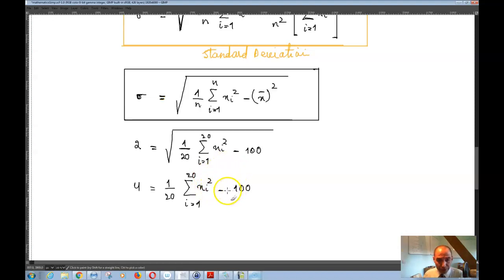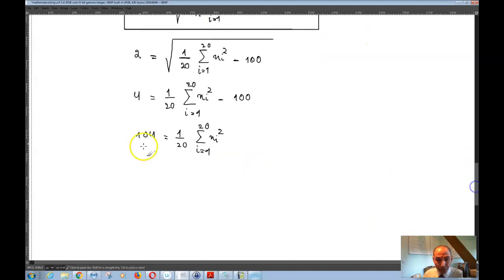If I take this 100 to the other side, this becomes positive 100. 100 plus 4 is equal to 104, which is equal to 1 divided by 20 sigma of x of i squared as i goes from 1 to 20. And then if I multiply both sides by 20, I will get 2 times 104 is 208, and a 0, is equal to sigma of x of i squared as i goes from 1 to 20.